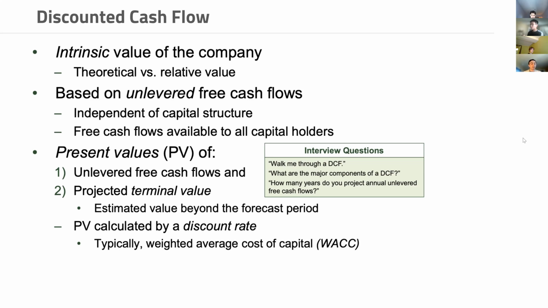And then, of course, we have a discount rate, which is probably the most important, that you'll get the most questions on, which is going to be the WACC, the weighted average cost of capital. And we'll cover that in the next slide or the slide after that.